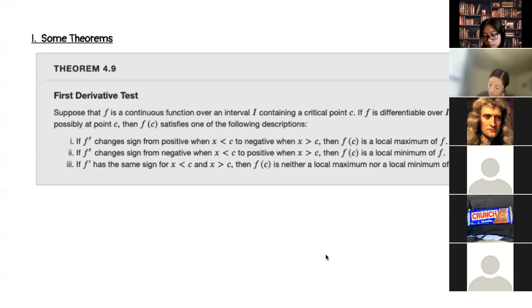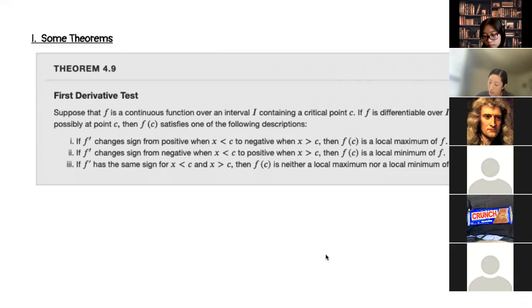And let's read this over. Suppose that f is a continuous function over an interval that contains a critical point. All right, so we're looking at a specific piece of a graph that has a critical point.